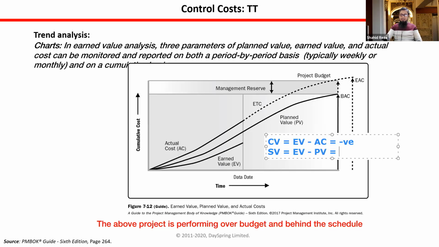From this graph, earned value is the lowest one and the plan value is above the earned value, so this also comes out negative. If both are negative, then we are over budget and also behind schedule.